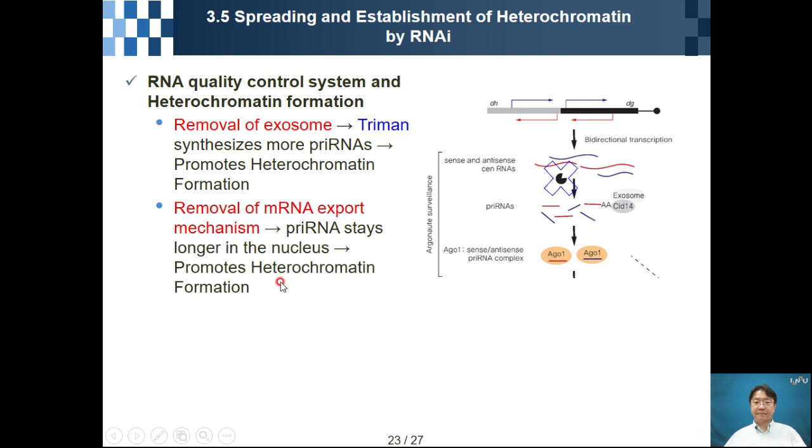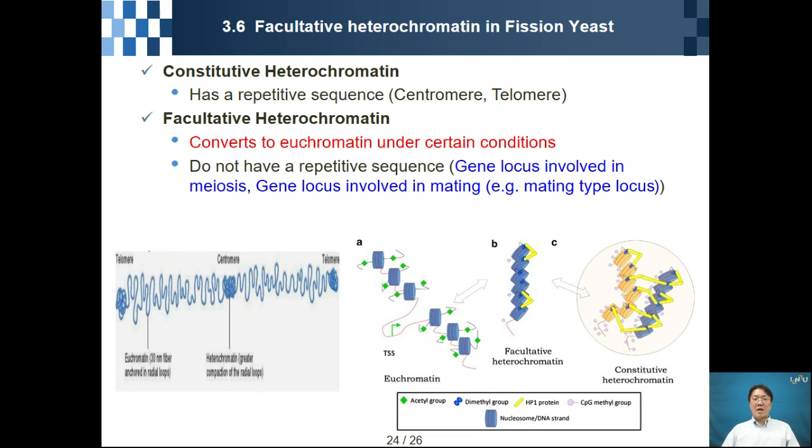Okay? So in this slide, I will explain the final subject, facultative heterochromatin in fission yeast. Heterochromatin is composed of two subtypes. One is constitutive heterochromatin and the other is facultative heterochromatin. This is constitutive heterochromatin.